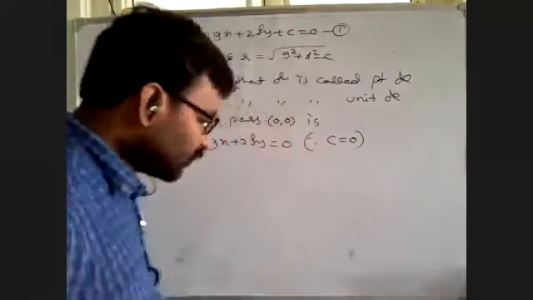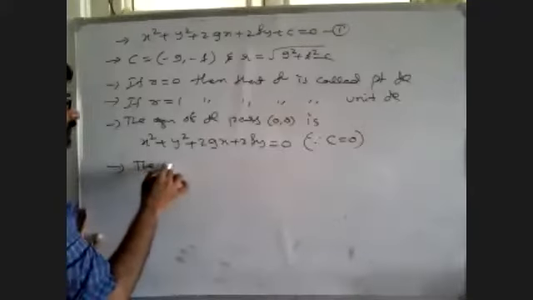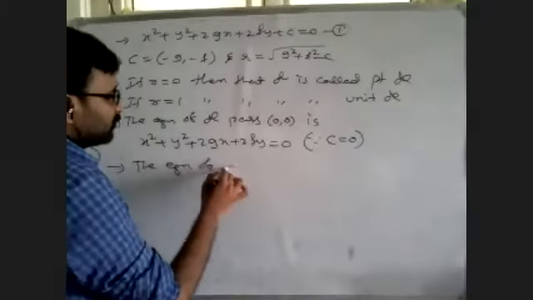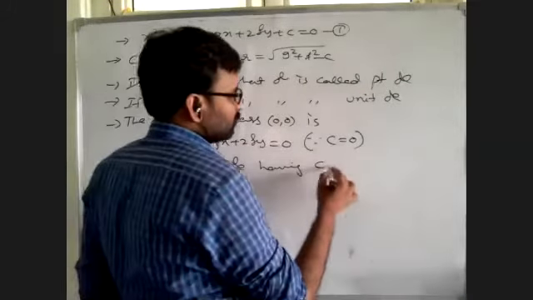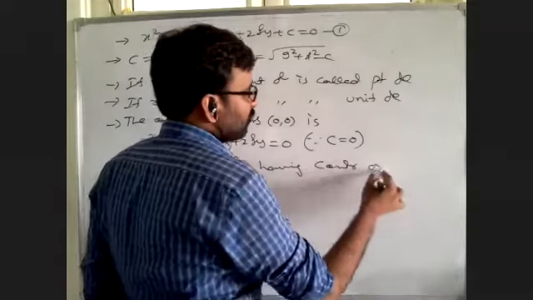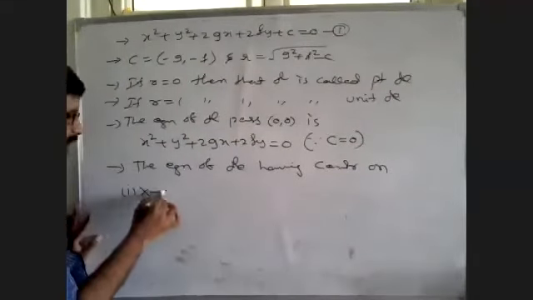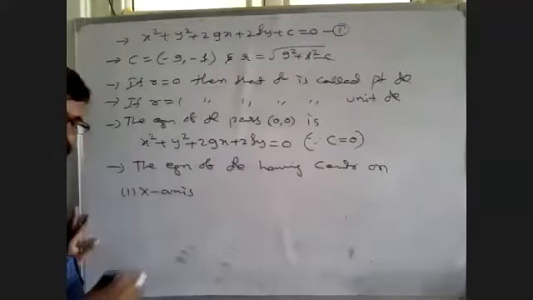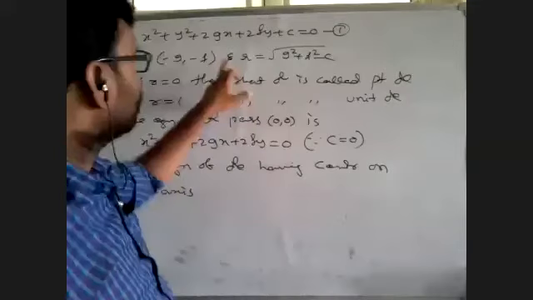And next, the equation of the circle having center on x-axis. If the circle has its center on x-axis, what is the center? Minus g comma minus f.